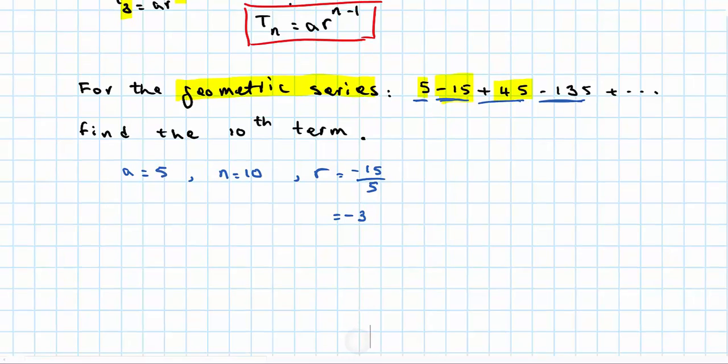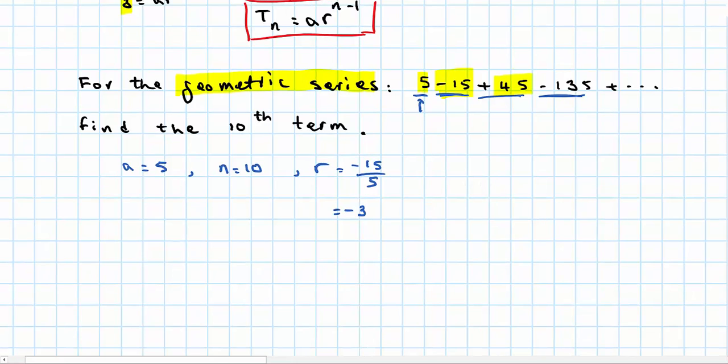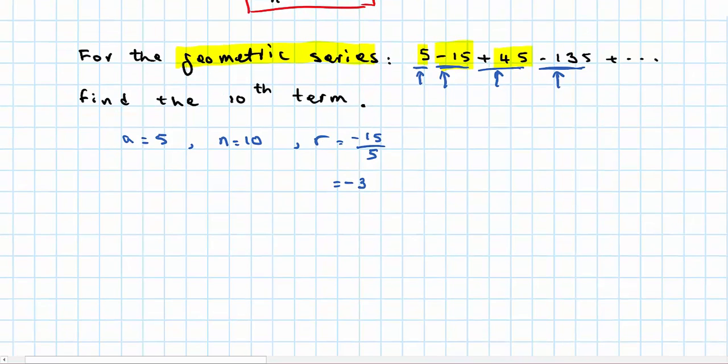The impact of a negative ratio on a geometric series is those signs changing from positive to negative. If you go back and look at arithmetic series, the impact of a negative difference is that consecutive terms are going to get smaller and smaller. So let's write the rule down.